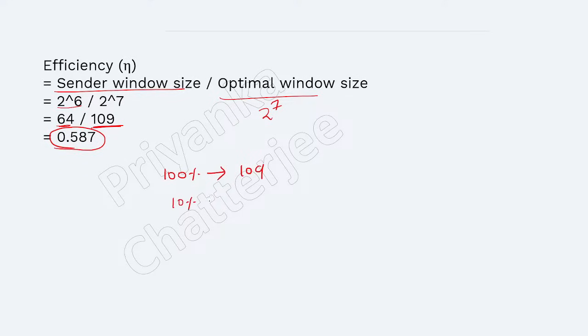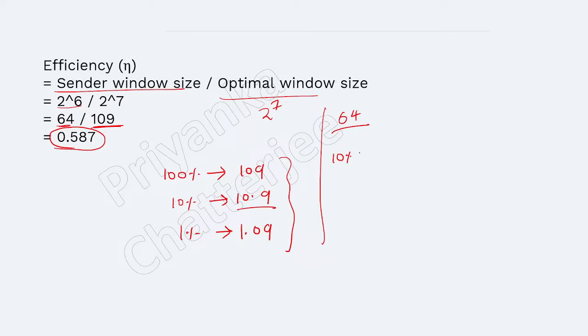So 10% means 10.9. 1% means 1.09. Think this way and you will get the answer very quickly. You have 64. So 64 means how can I get the answer? My 10%, 10 multiplied by 6, that is 60. So definitely it is not 6.